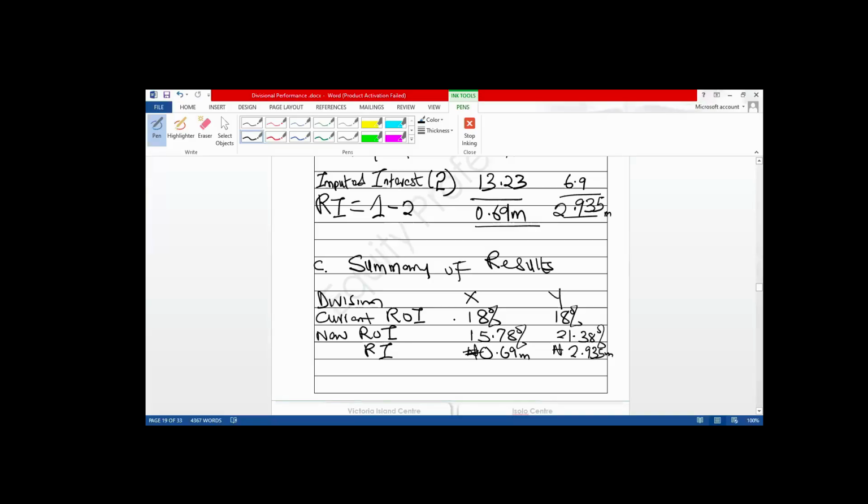You now have a new project you are planning to invest in. That new project will give Division X 15.78%. Do you think Division X will be willing to accept the new project on the basis of return on investment? That is the question to the class.